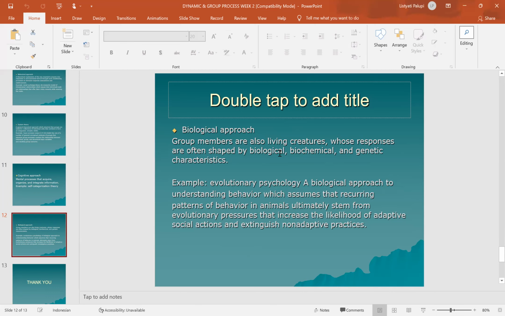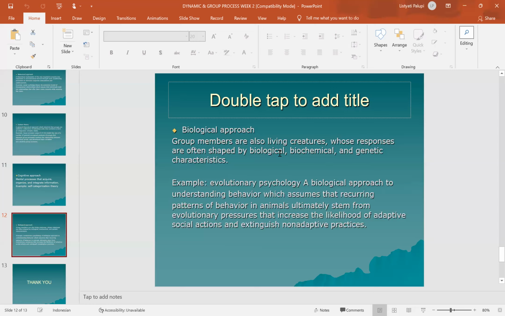This perspective believes that group members are also living creatures whose responses are often shaped by biological, biochemical, and genetic characteristics. And the example of a theory based on the biological approach is evolutionary psychology.